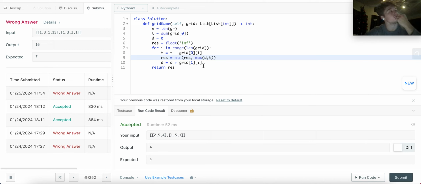Wait. t equals t minus grid 0 i. d equals d plus grid 1 i.